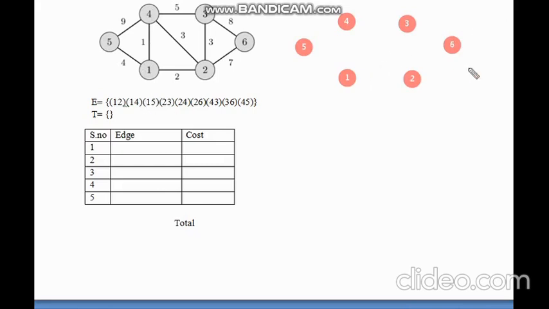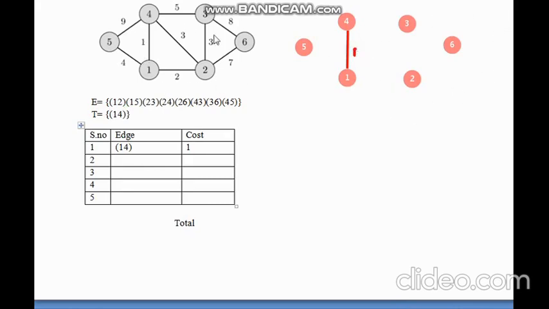So take 1 to 4, and 1 to 4 is not forming a cycle, then remove it from E and add it in T as the first edge along with the cost. Here the cost is 1.